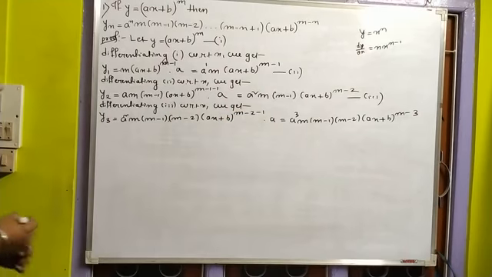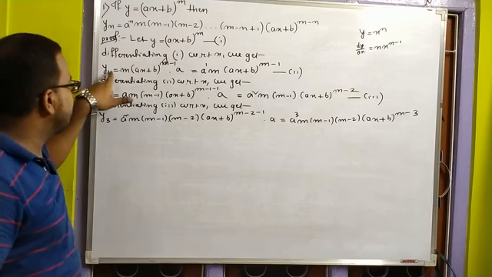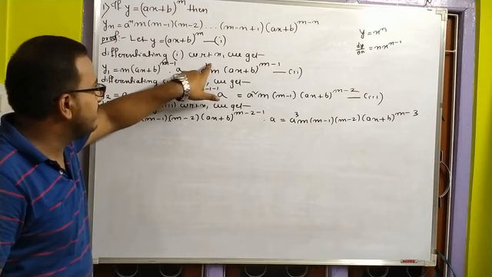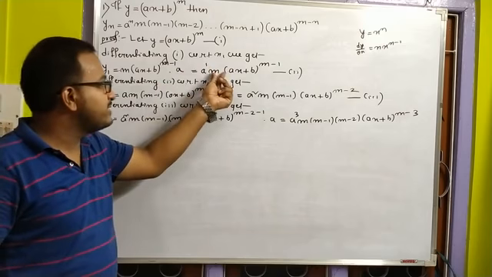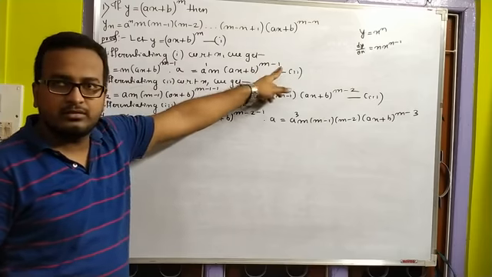Now you see, if you can find the similarity of the result: when y1 is there, then the power of a will be 1, then the number of terms here with m is 1, then here m minus 1, right?